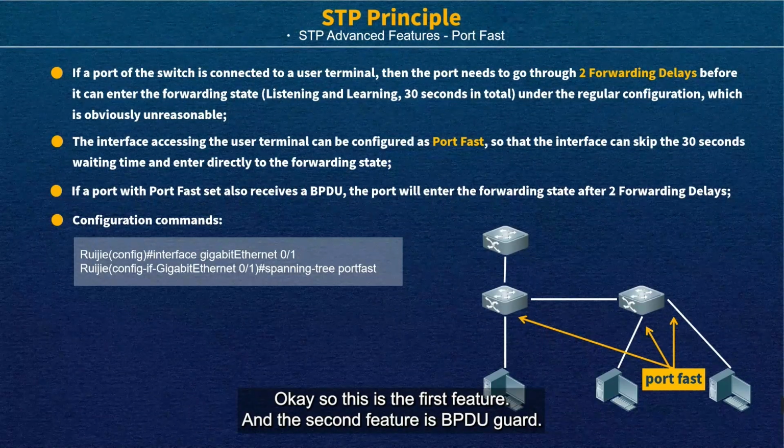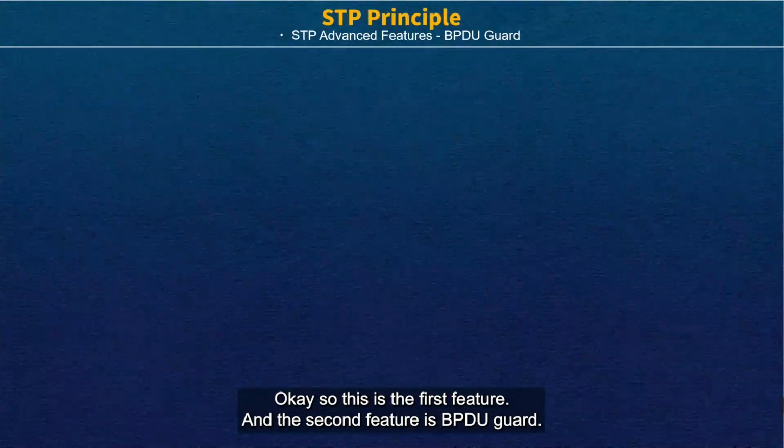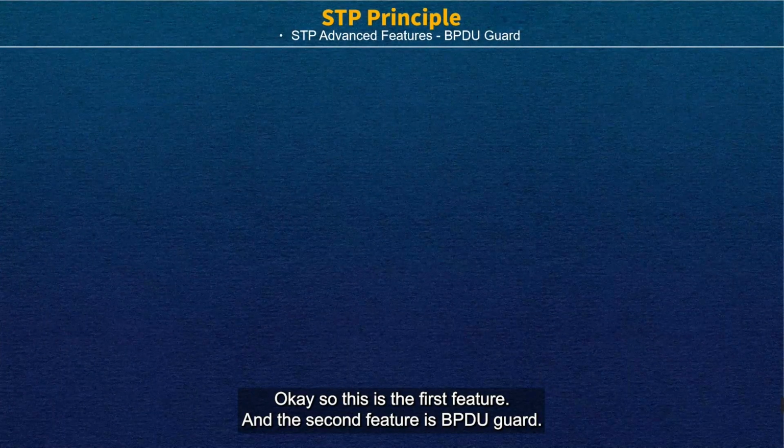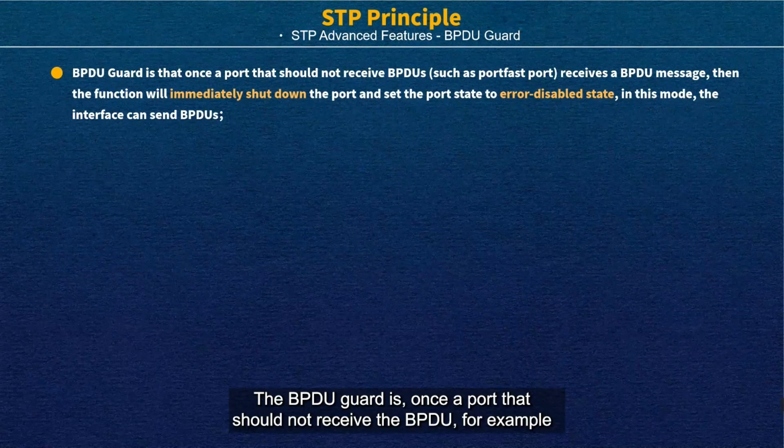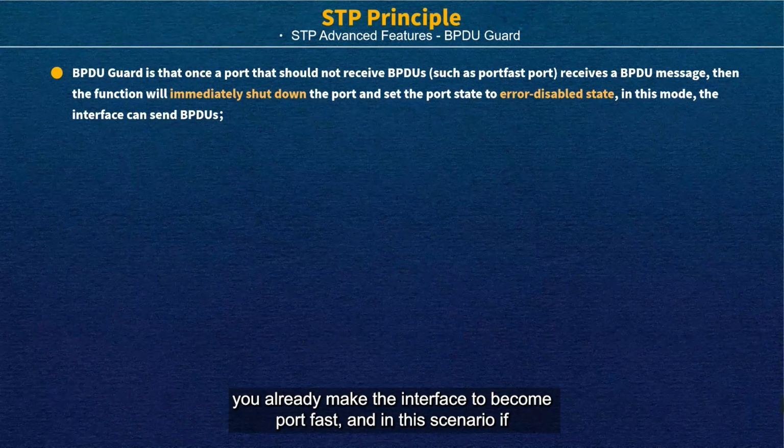Okay, so this is the first feature. And the second feature is BPDU guard. BPDU guard applies to a port that should not receive BPDUs. For example, you already made the interface a port fast port.